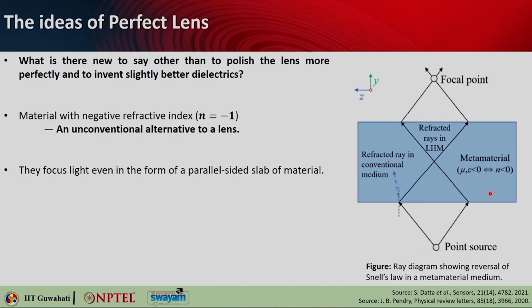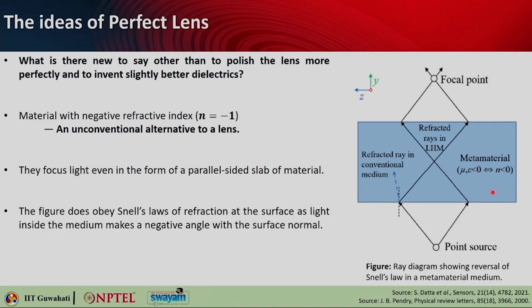Here is the point source, here is a slab of negative refractive index material, and the light gets focused again over here, and then when it exits it again focuses at this particular point. So, you are able to get a point source focused here with the help of a negative index material.